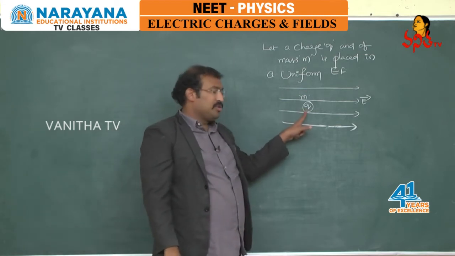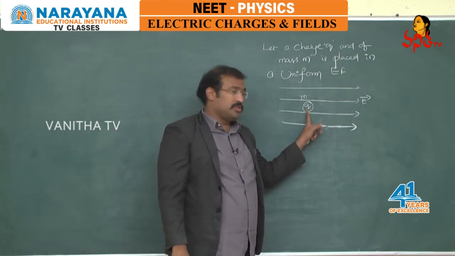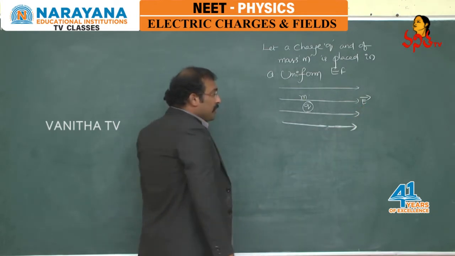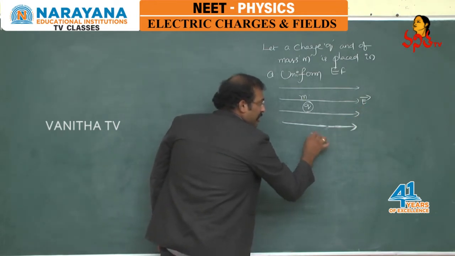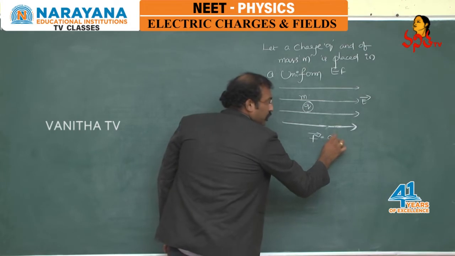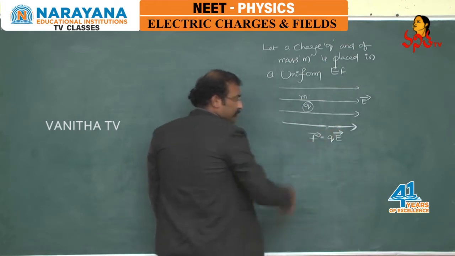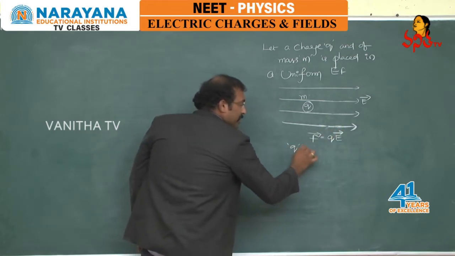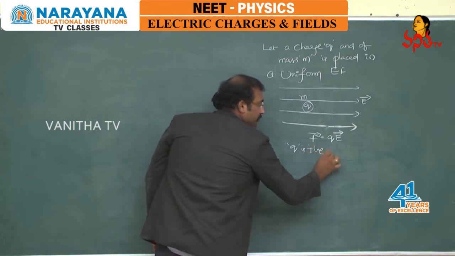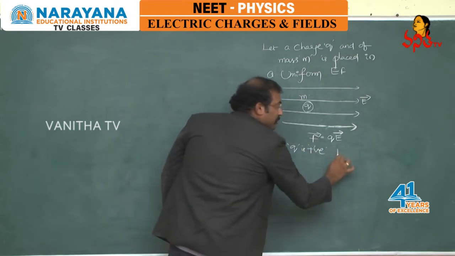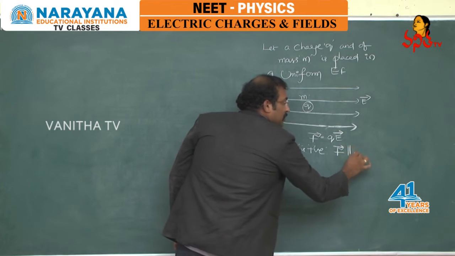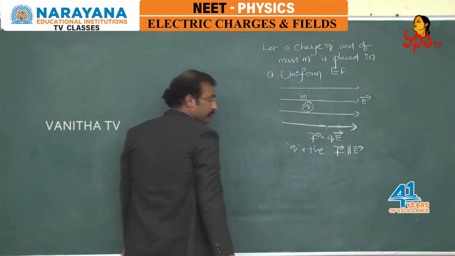Now this charge experiences a force due to this field, which is given by F bar is equal to Q into E bar. Now if Q is positive, F bar is parallel to E bar.